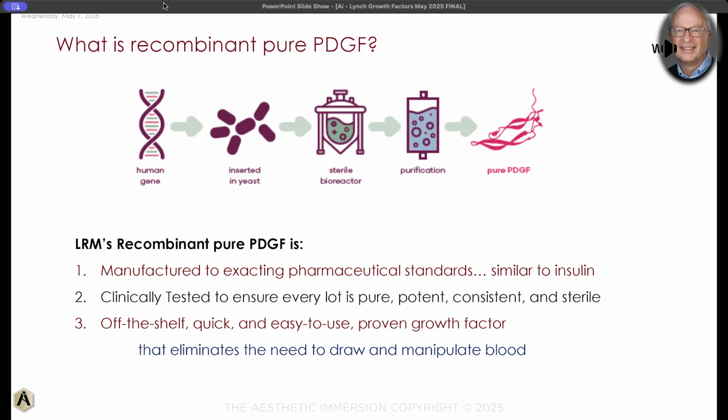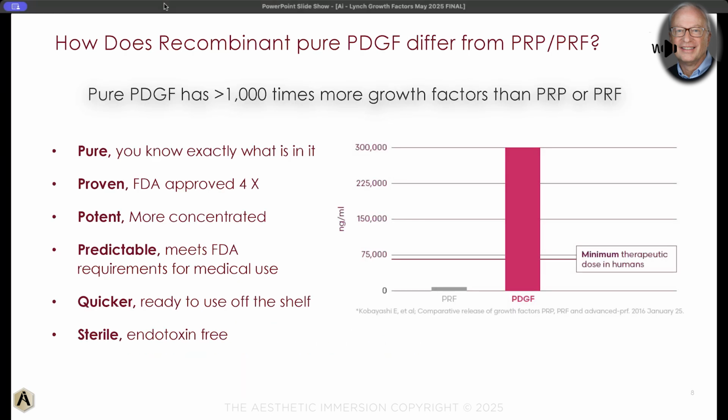Okay, and now, again, not only can we make this PDGF any concentration we want, right? What we have chosen to do, through long phase 1, phase 2, phase 3 randomized controlled clinical trials in the therapeutic space, is do all those dose ranging studies.